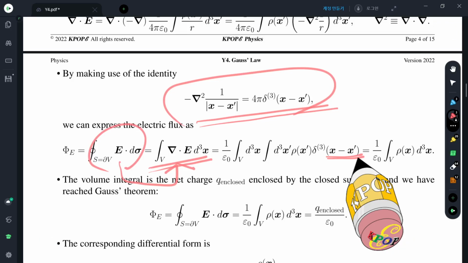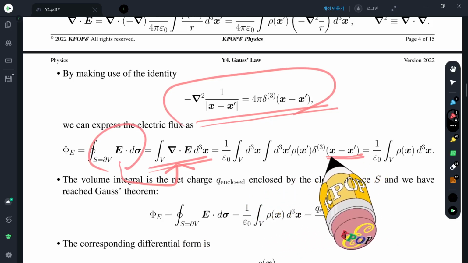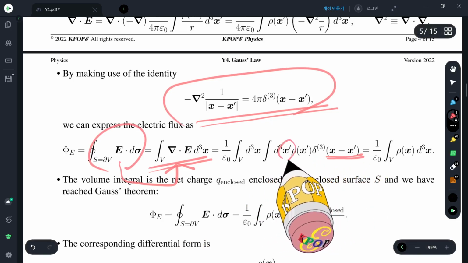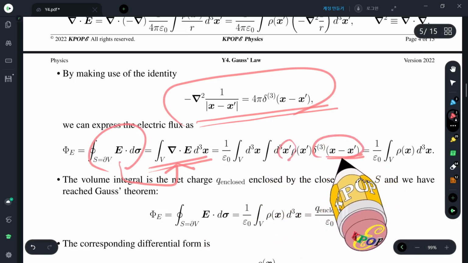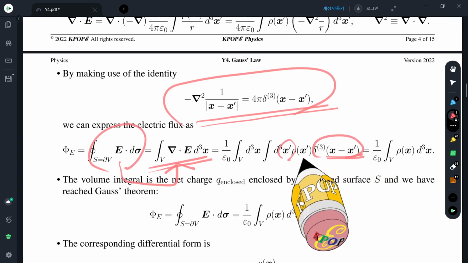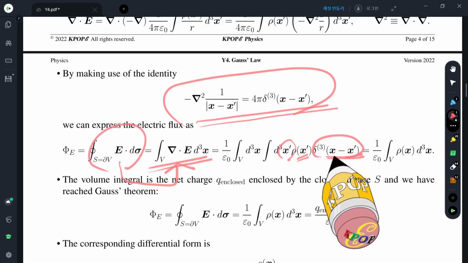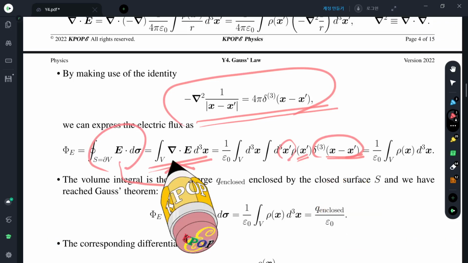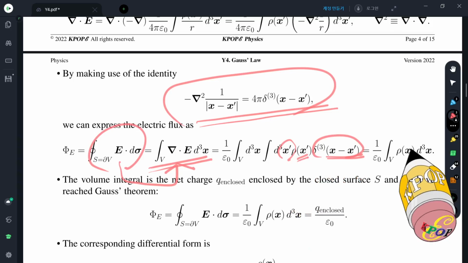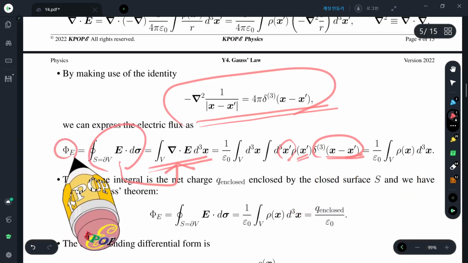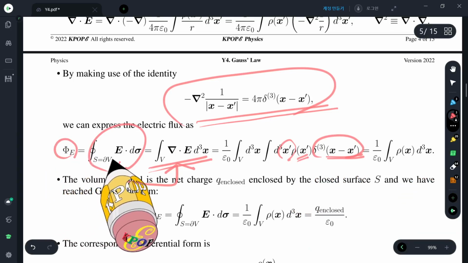It looks very complicated, but this integral is very trivial. The result is, after integrating over x prime, the Dirac delta function replaces the argument x prime with x. That's it.